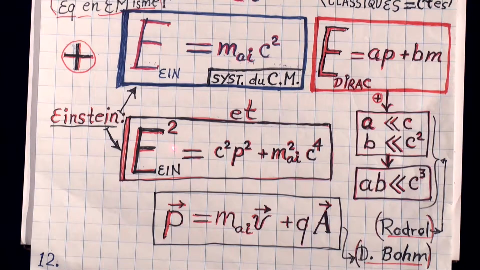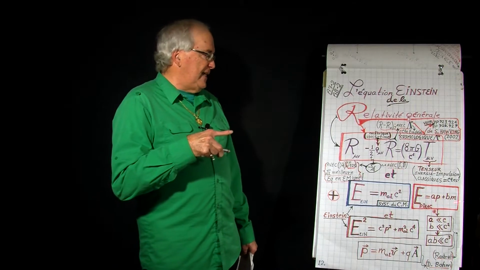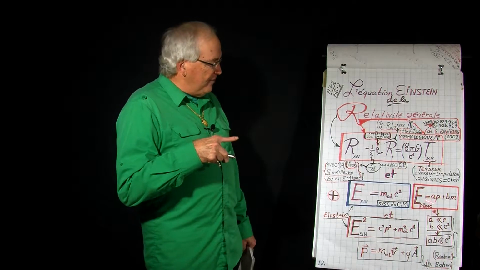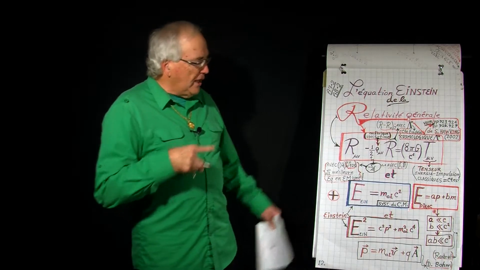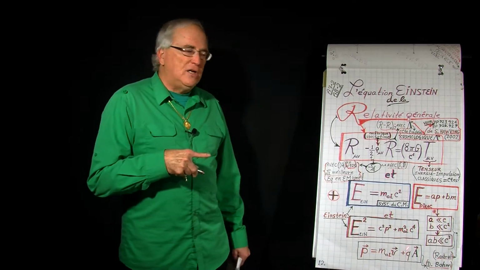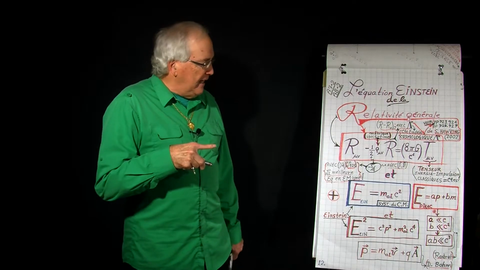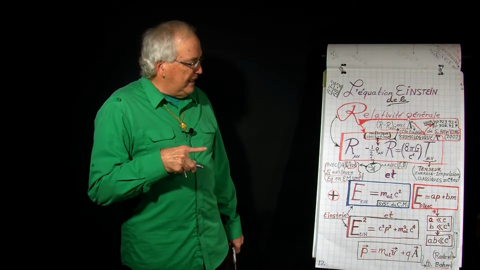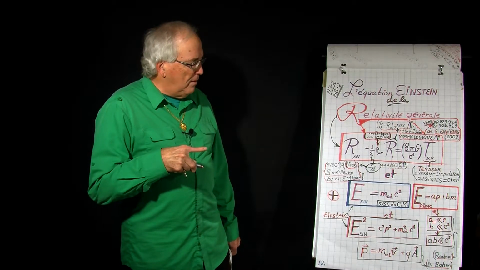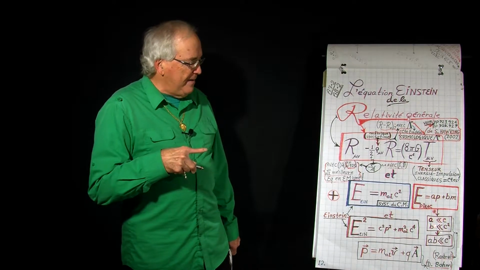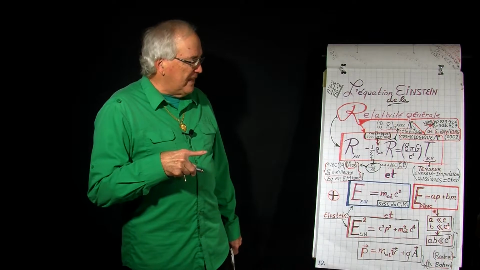So I have equated this equation to this one squared, as you will see in the next sheet, and then I realized that it automatically gives birth to electromagnetic waves from mass if you only choose the A factor here much smaller than the speed of light and B much smaller than c squared.